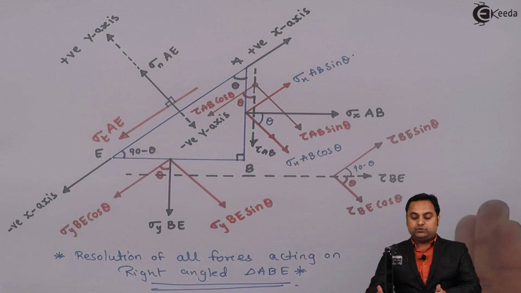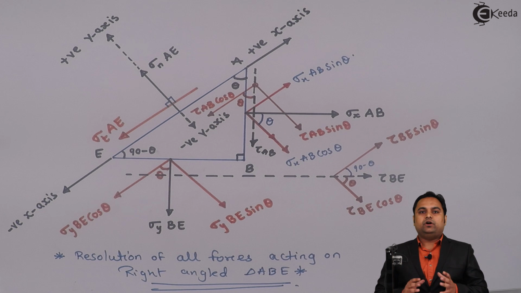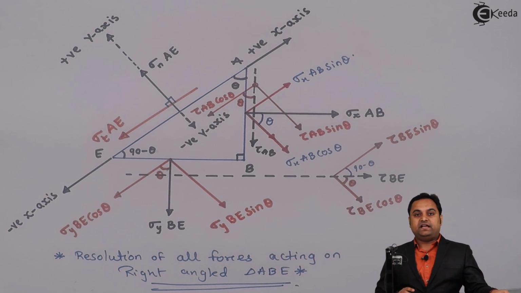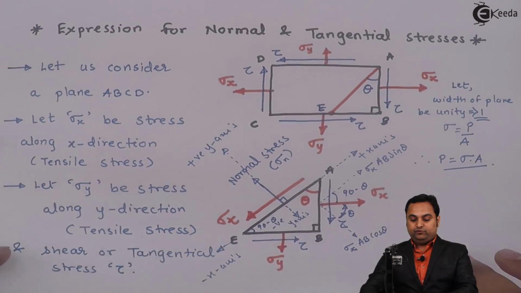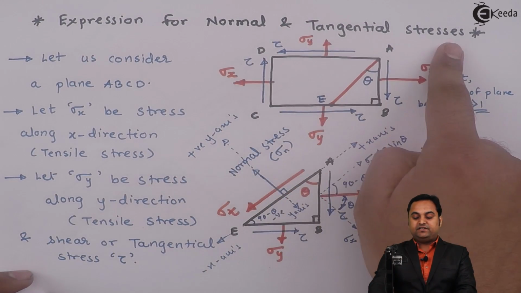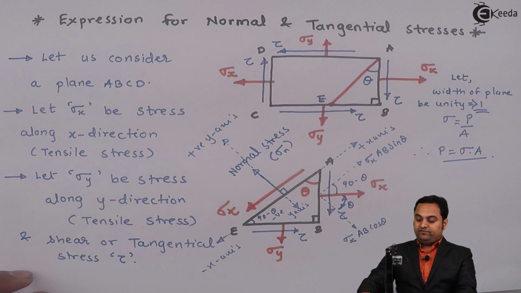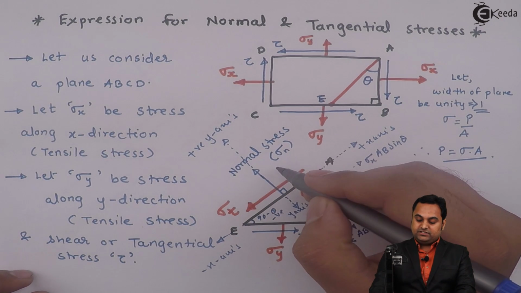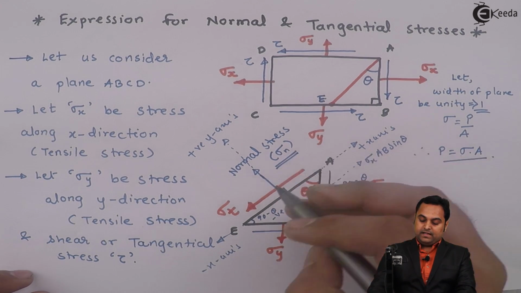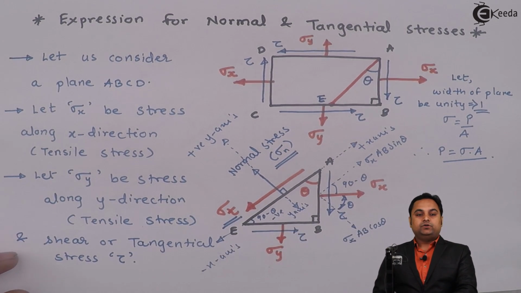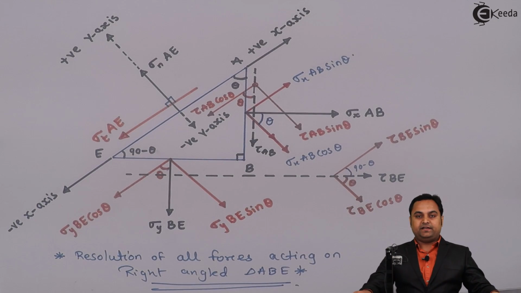Now by using this diagram, we are going to find normal stress and tangential stress, because as per the derivation we have to find the expression for normal and tangential stress. That is, we have to derive the formula for sigma n and sigma t. So for that we would be using this diagram.